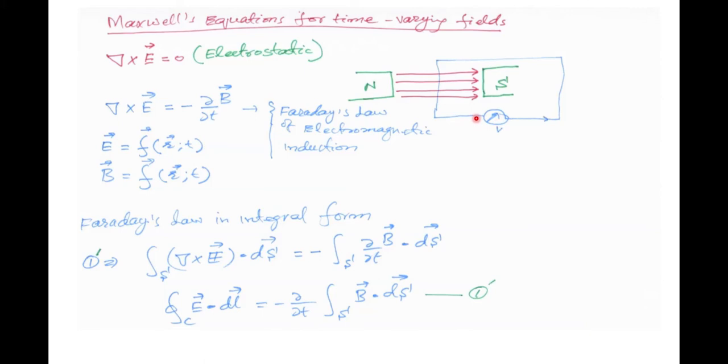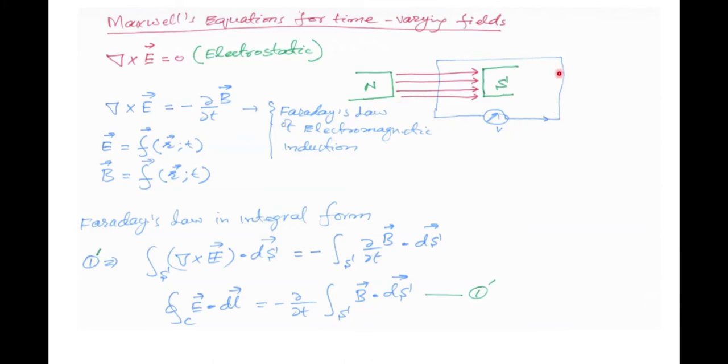So by changing the position of the circuit in the permanent magnet between the north and south pole, we can induce EMF in the closed circuit, or by keeping the circuit in a static state and changing the position of the north south pole, we can induce EMF in the closed loop, or by changing the position of both the closed loop and the permanent magnet, we can induce EMF in the circuit.